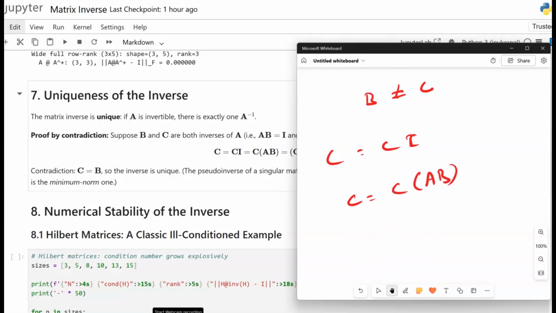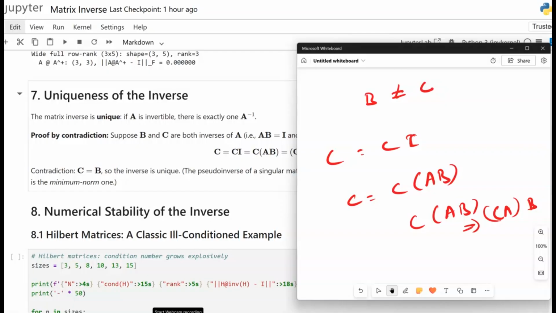Next comes an important property: matrix multiplication is associative. That means we can regroup the brackets without changing the order. So C(AB) becomes (CA)B. Notice that we have not changed the order of multiplication, only the grouping.